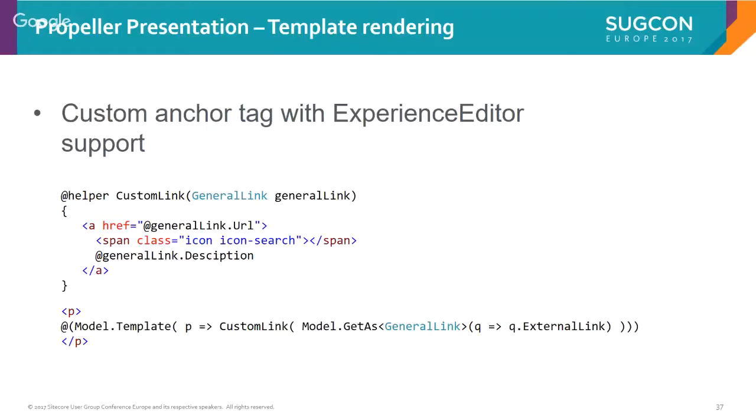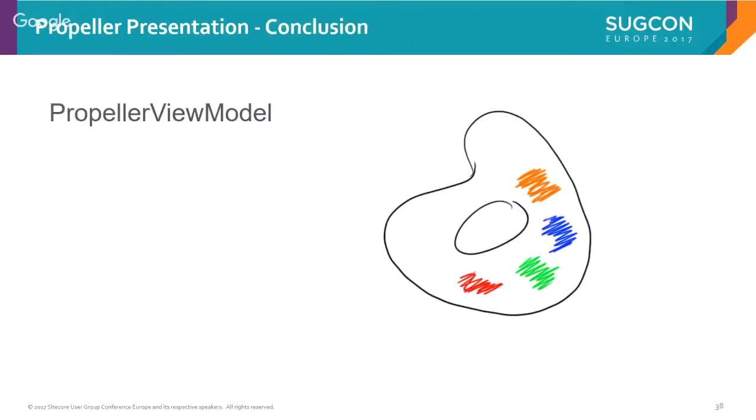When it's in edit mode, it will use the render field to render out the general link. And when it's not, then it will use the template that they defined to render out this custom presentation of the link. And yeah, that kind of wraps up the view model.